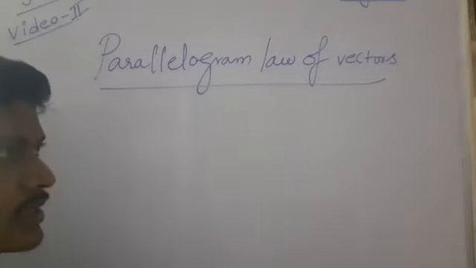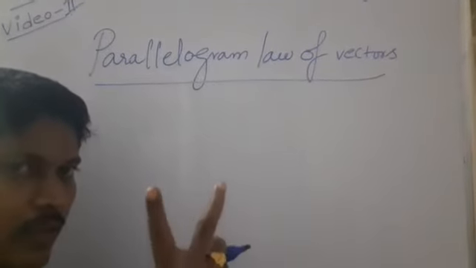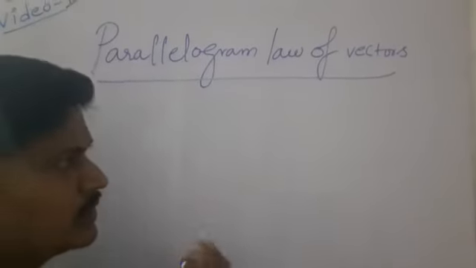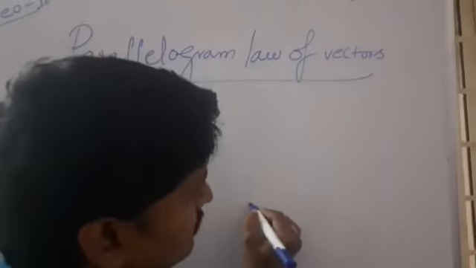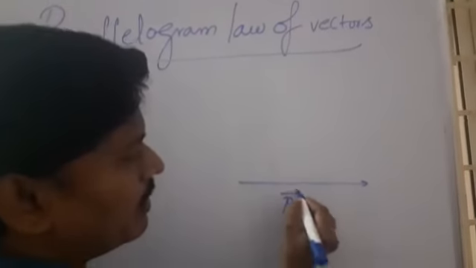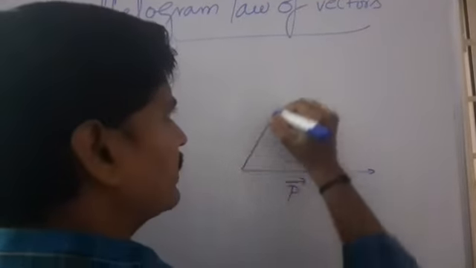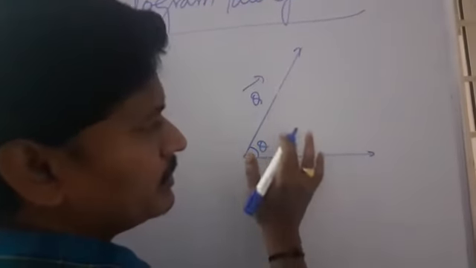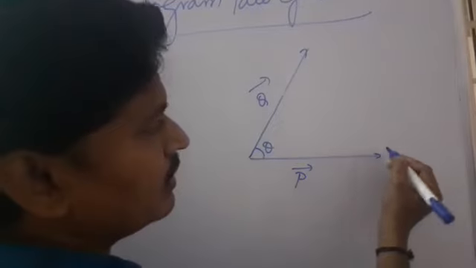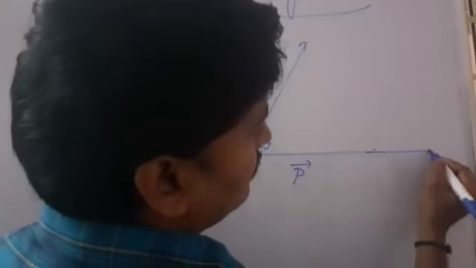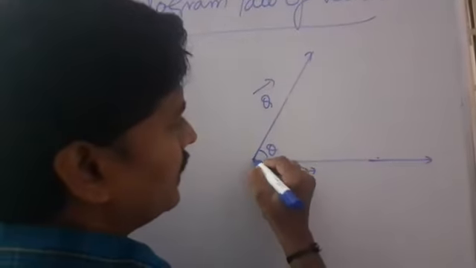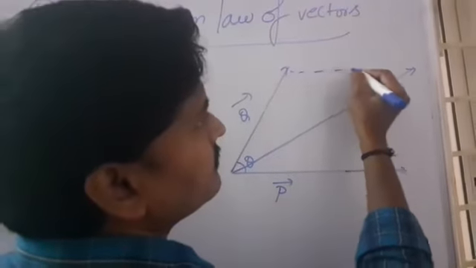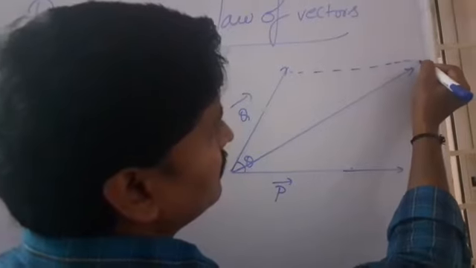Parallelogram law of vectors: the concept is that two vectors are represented by two sides of the parallelogram taken in order. This is the first vector P bar and the second vector is Q bar. Then the resultant is given by the diagonal of the parallelogram drawn from the same point.